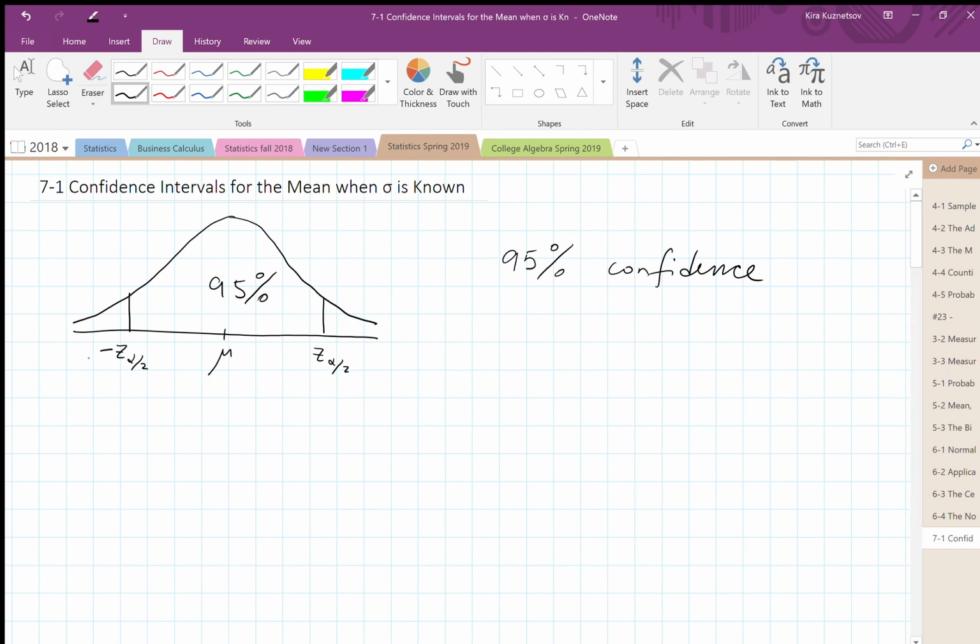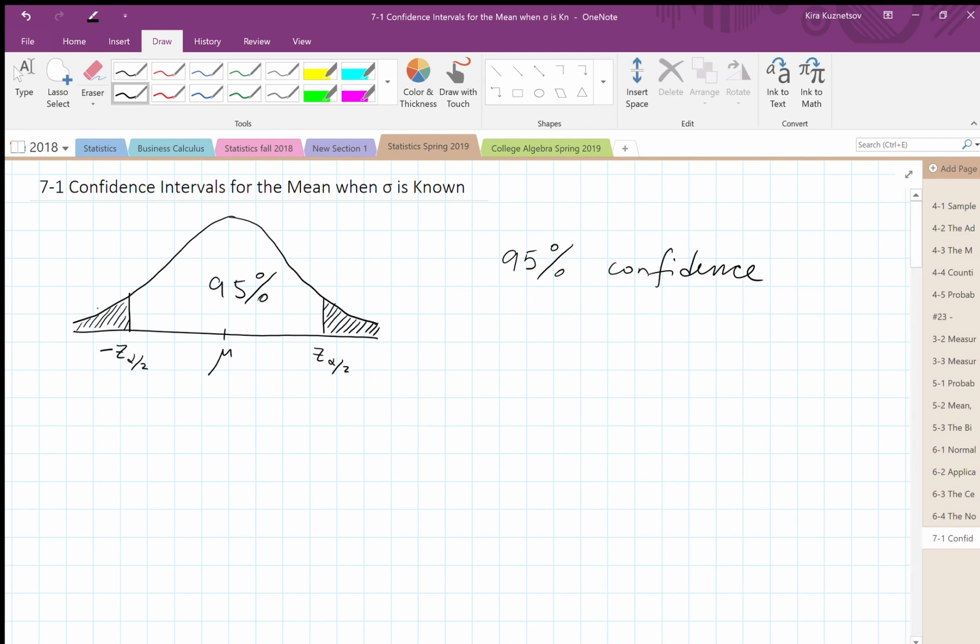In order to look up these values, all we're doing is identifying the area to the left, and we can use our calculator under inverse norm to look up these numbers. So notice, if I have 95% in the middle, that does leave me with 5% that has to be split up equally into two tails.